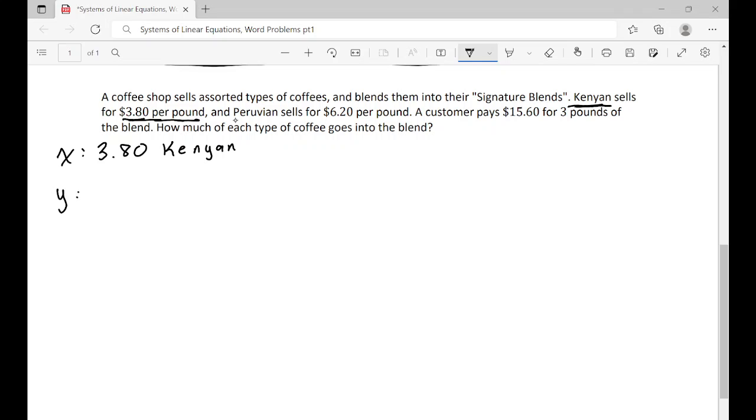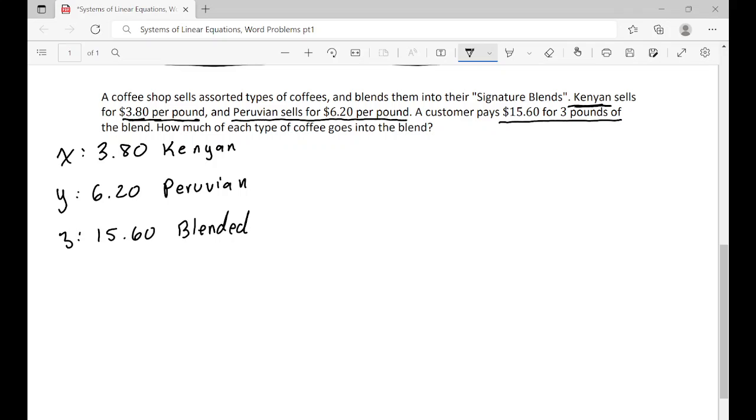And then my Peruvian sells for $6.20, so Y is going to be $6.20, and I'll call this Peruvian. But I know that I have 3 pounds for $15.60, and this is the blended amount.